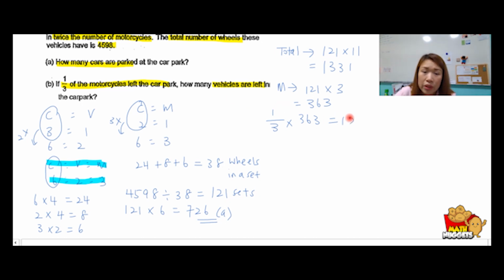So we know that 121 motorcycles left the car park. So this is 1/3 of the motorcycles, okay? Then we take the total vehicles, 1,331 minus the motorcycles that left. We're left with 1,210 vehicles at the car park. That's the answer for part B.